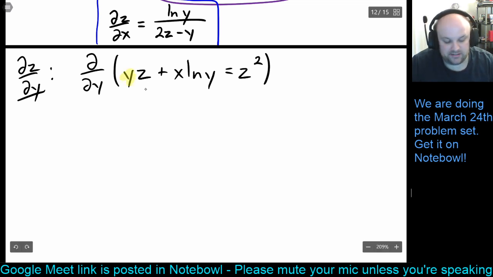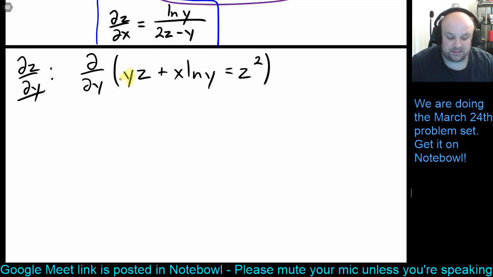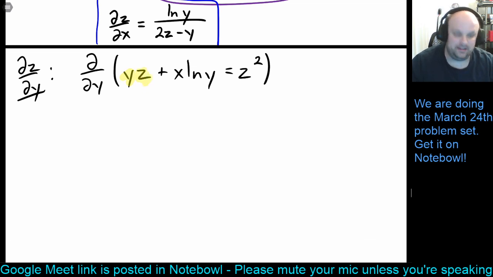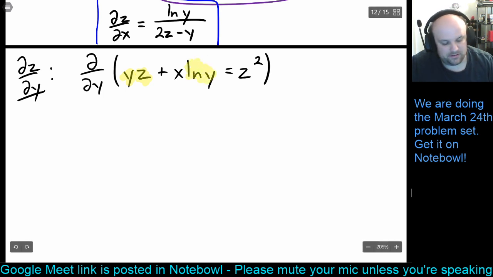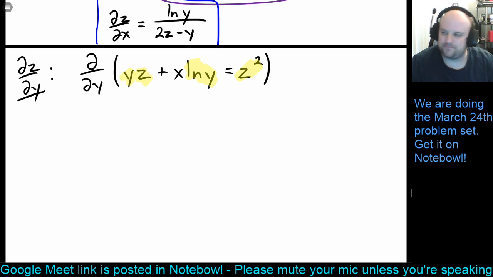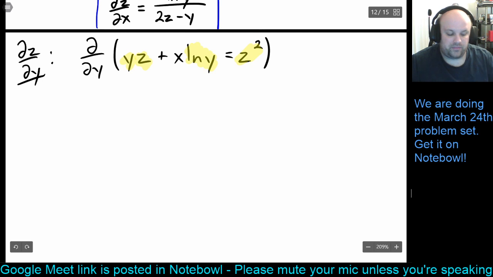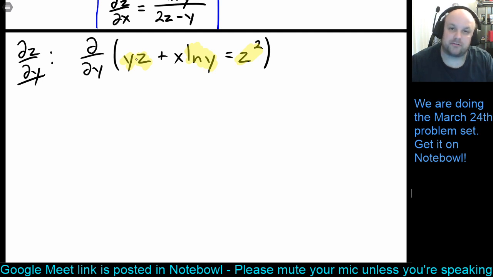So the y does, because it's the derivative with respect to y. The z depends on y, so that's going to get hit. X has nothing to do with y, so skip it. ln of y is going to get hit, as is the z squared. So here we actually do have to do a product rule, because both of these things depend on y.